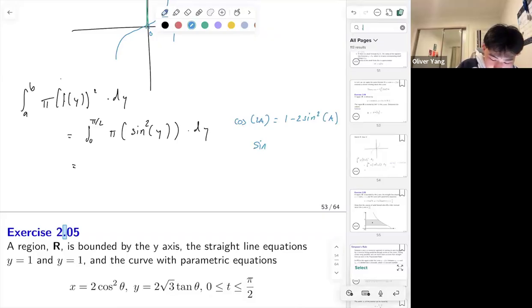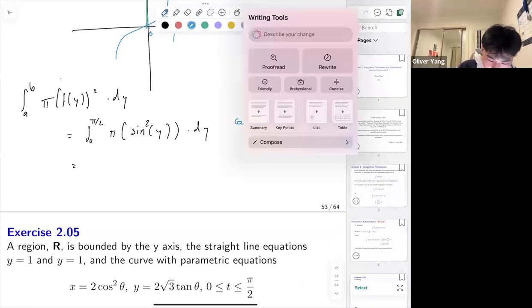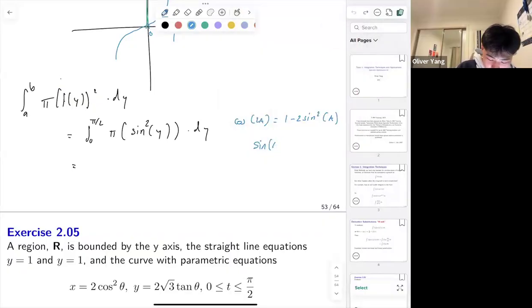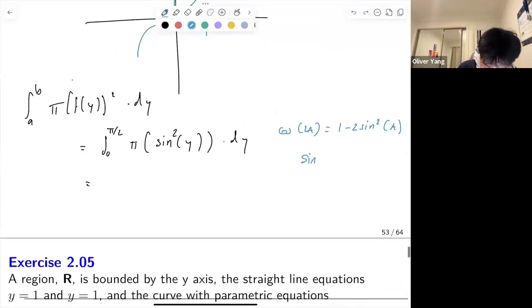So sine squared a equals (cos 2a minus 1) over negative 2.